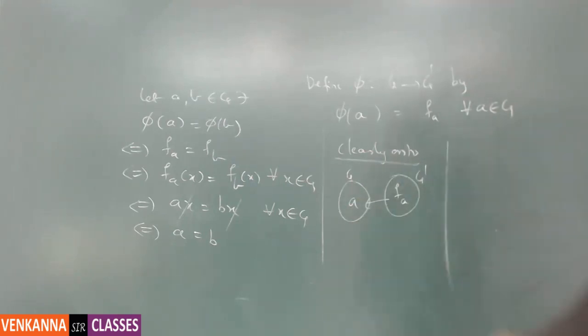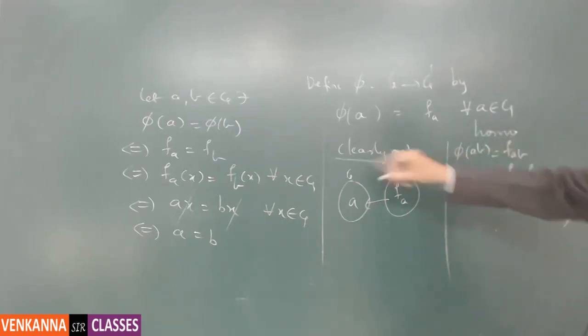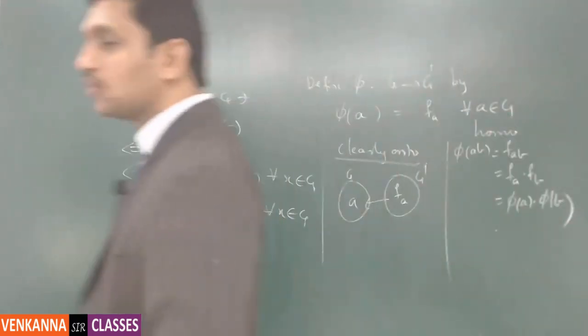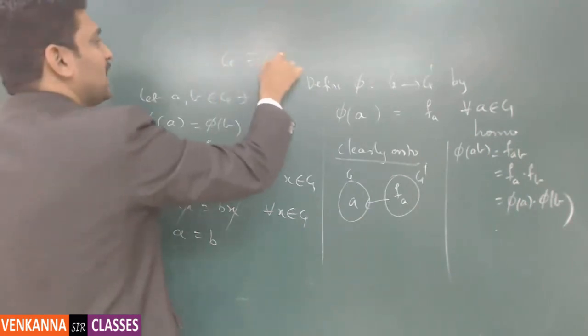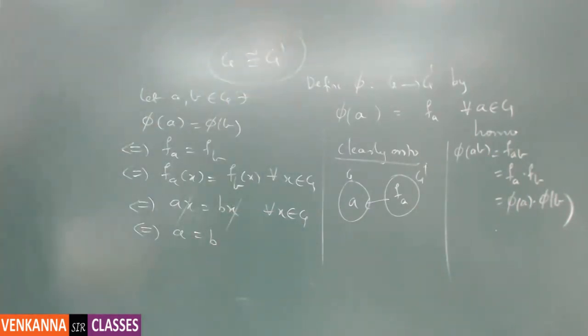And for homomorphism, phi of AB is FAB, which is FA dot FB, so phi of A dot phi of B. So this is for homomorphism, this is for onto, this is for 1-1. So it is clearly an isomorphism. So we can immediately say that G and G dash both are isomorphic. You take a note of that.